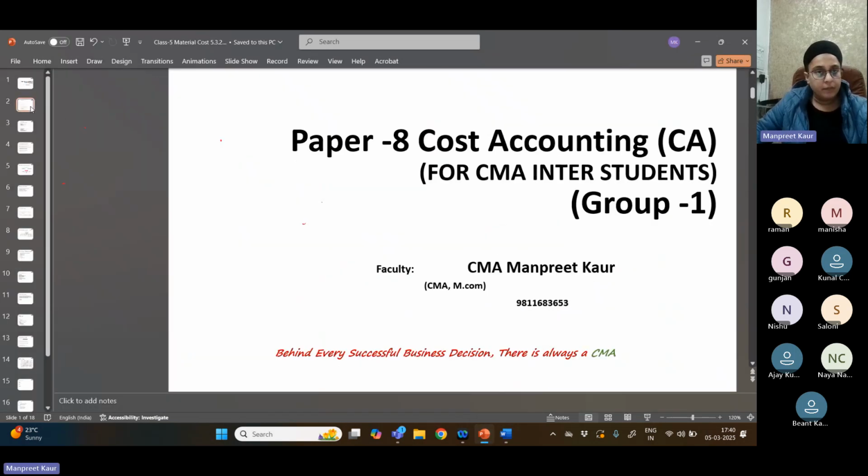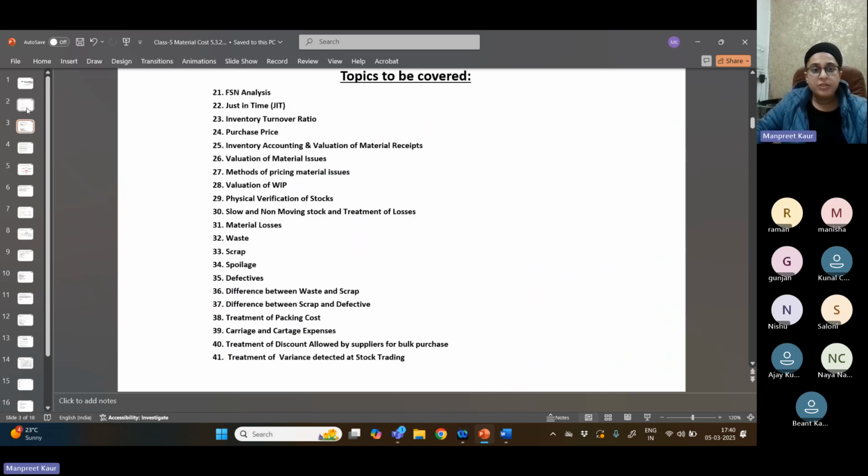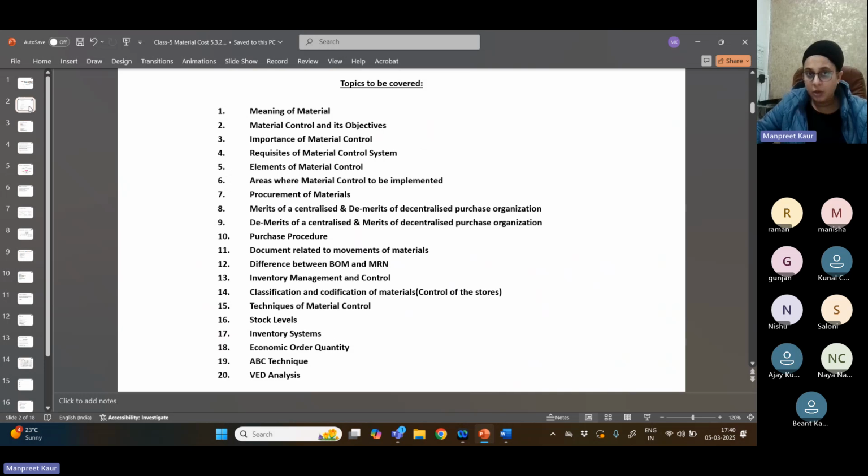Before that, we will see there are approximately 41 topics in material costing. Meaning of material control and its objectives, importance, requisites, elements. These are all the topics. Each and every topic has its own importance related to the material.